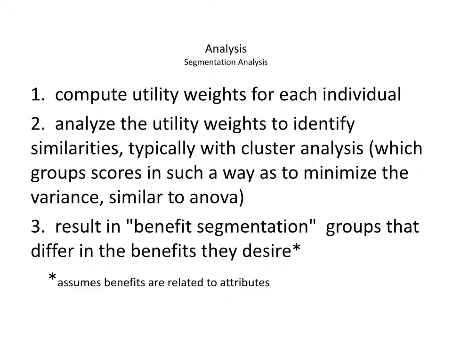So if you started with 500 people and you identified three segments, the difference across those three segments would be that they wanted different attribute levels, and they wanted different attribute levels because those attributes were presumed to relate to different benefits.